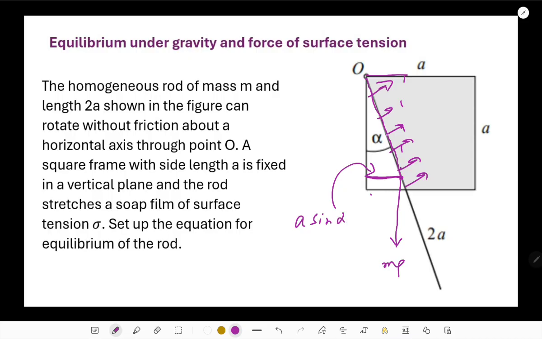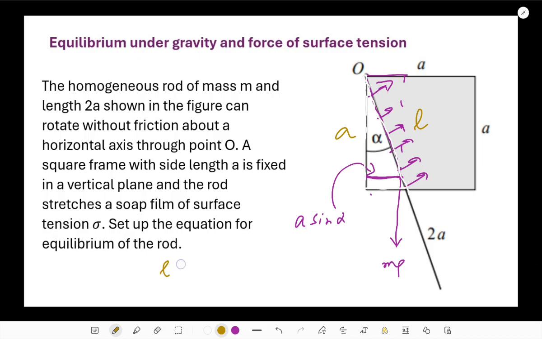And what is the total length of the rod in contact with the soap? It was soap solution or simply liquid soap film? Okay, and what was the length? I can see a right angle triangle here, so this right angle triangle I need to consider, and this length is A, and suppose this length is L. It's geometrical work only.